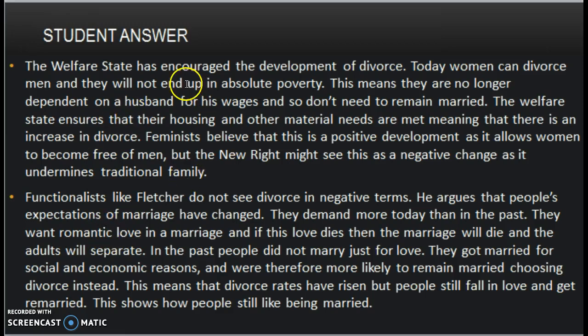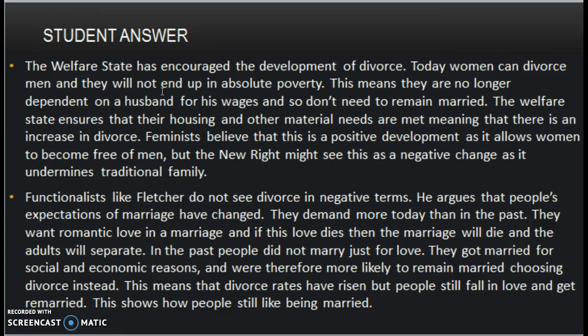For example, today's women can divorce men and they will not end up in poverty, because that's really why people did stay together, because there wasn't that ability to leave an unhappy marriage, especially as women could not afford to.